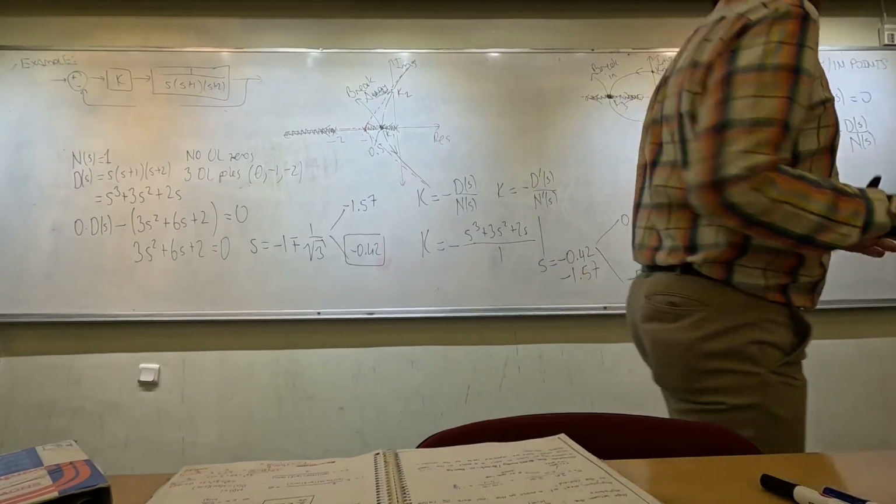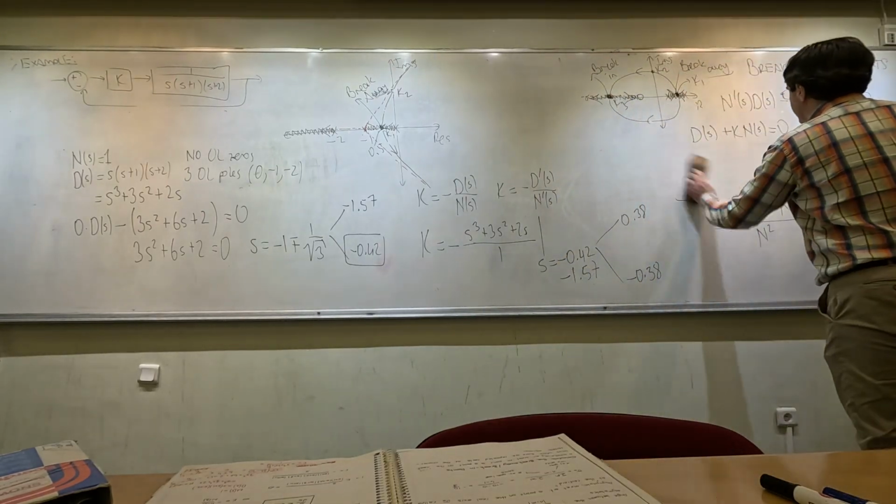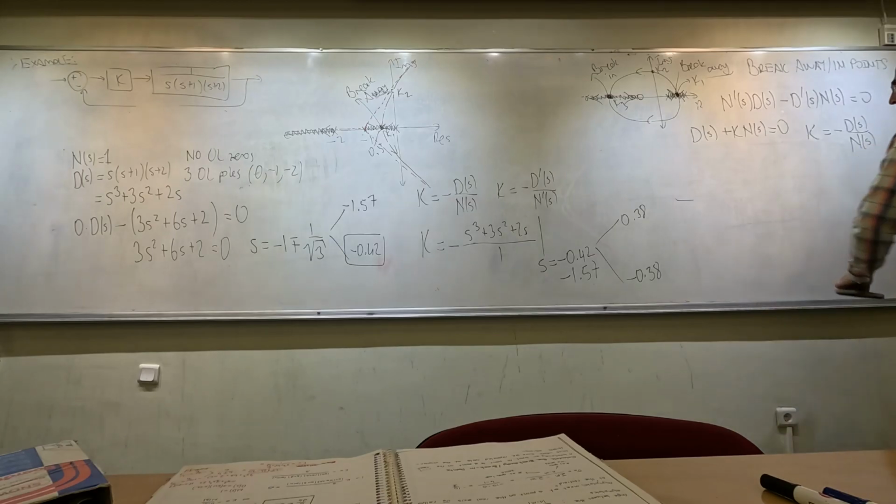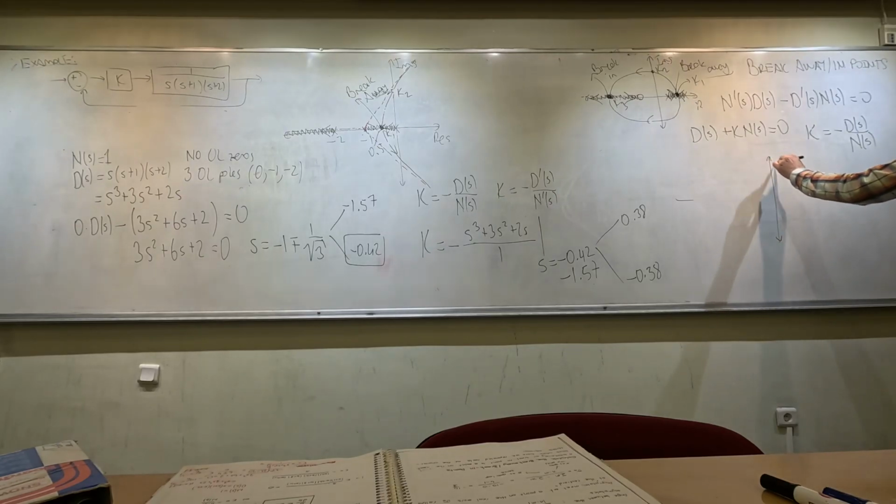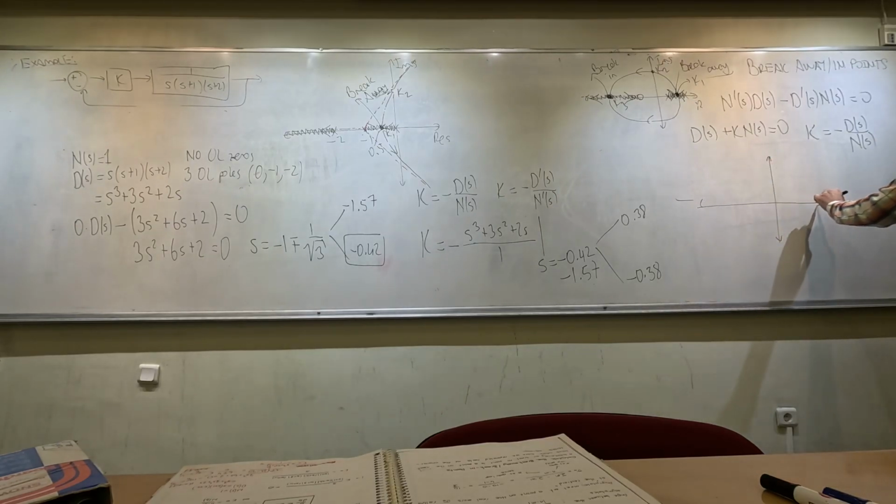In this course, we don't see the root locus for negative k values. It is actually called complementary root locus in control theory. We can actually draw a root locus for negative k values as well. Okay? And it is called complementary root locus. And it is going to be looking like something like this.